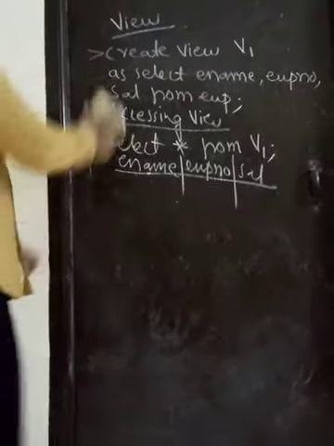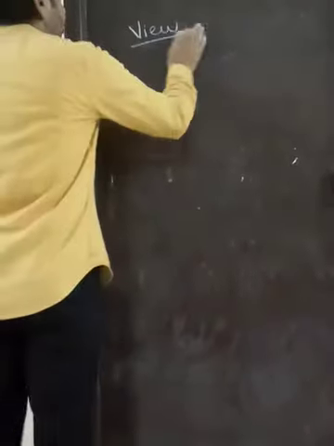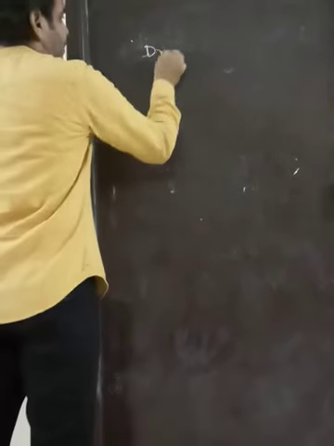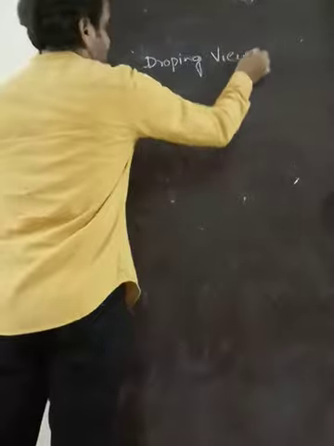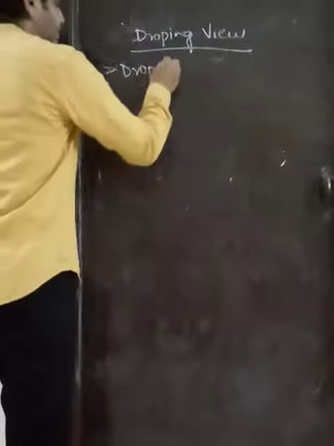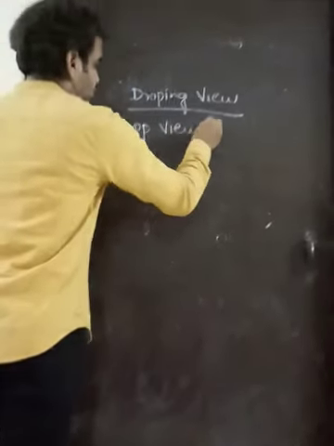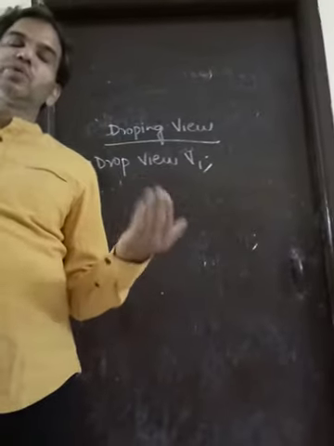Now we will see dropping the view. How are we dropping the view? Drop view. Whatever we created, that view will be dropped. So we can create a view, we can access the view, and we can drop the view.